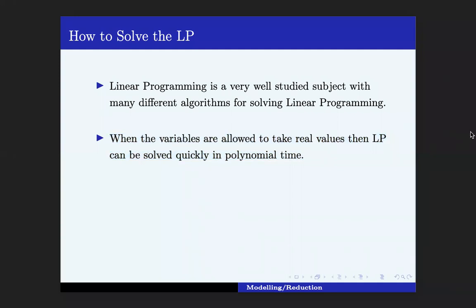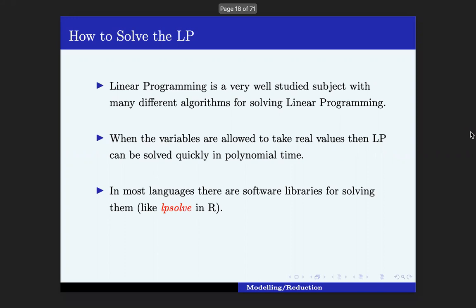When the variables are allowed to take real values, which is the normal LP, it can be solved very quickly in polynomial time. There is an outstanding set of algorithms that solves it. The trick in solving many problems is modeling the problem as an LP. So this is a big hammer in some sense.